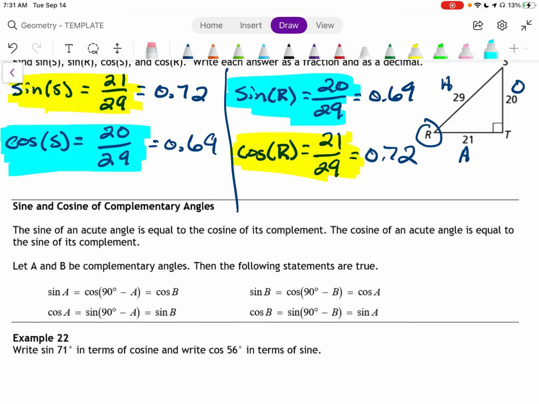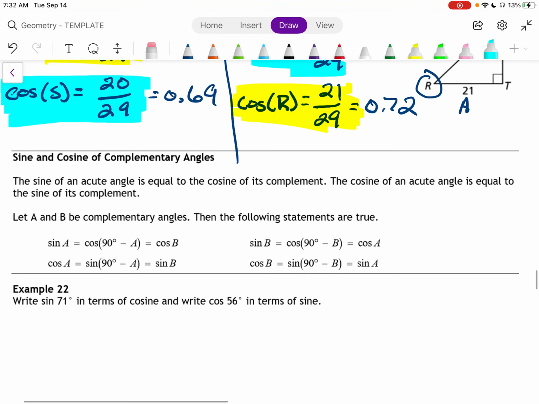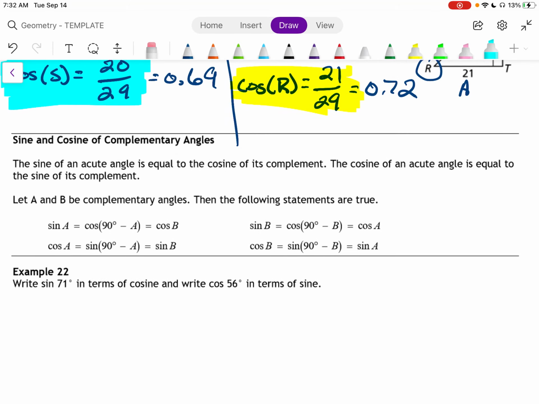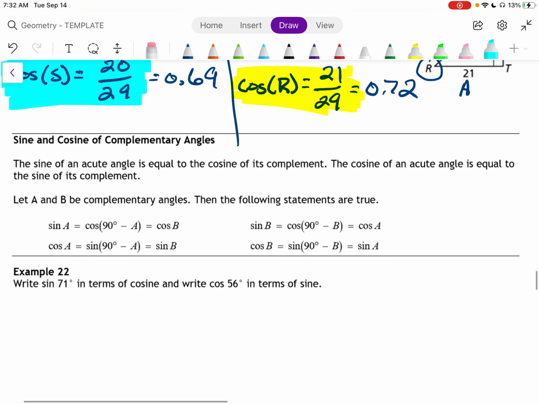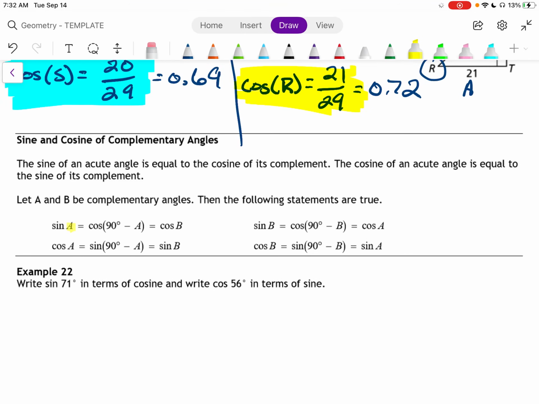The sine of an acute angle is equal to the cosine of its complement. The cosine of an acute angle is equal to the sine of its complement. That's what I was just trying to show you guys. That's cool. Let A and B be complementary angles, then the following statements are true. So the sine of A is equal to the cosine of 90 minus A equals cosine of B. And I'll let you guys read the rest of those.